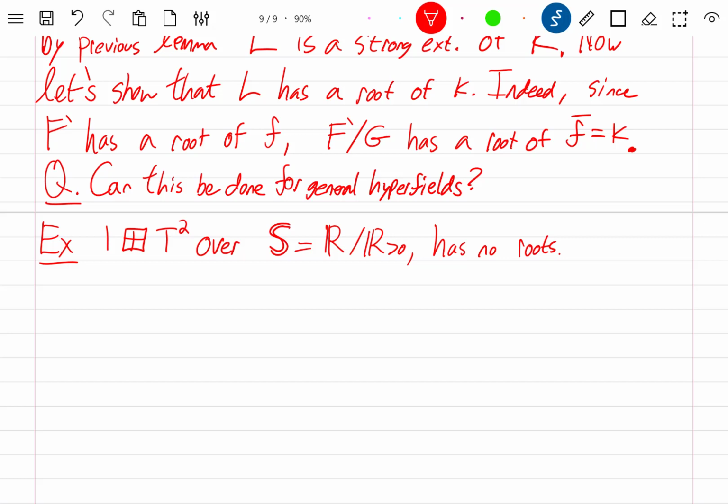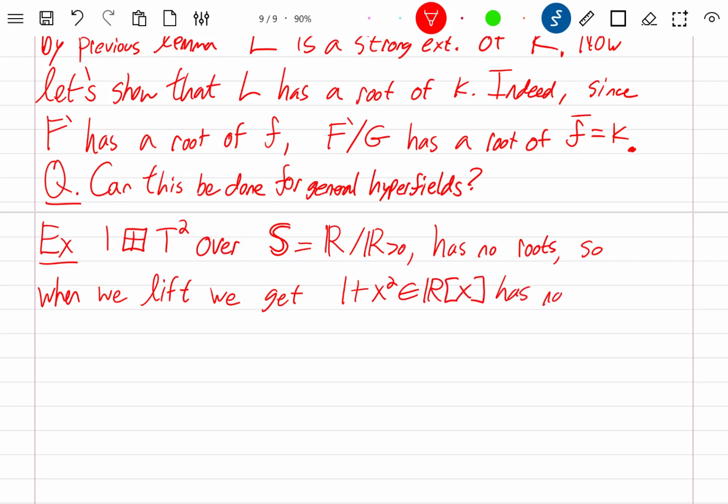And so the lifting structure says that when we lift, we get 1 plus x squared in R[x] has no roots. I should remark that this 1 plus x squared isn't unique.